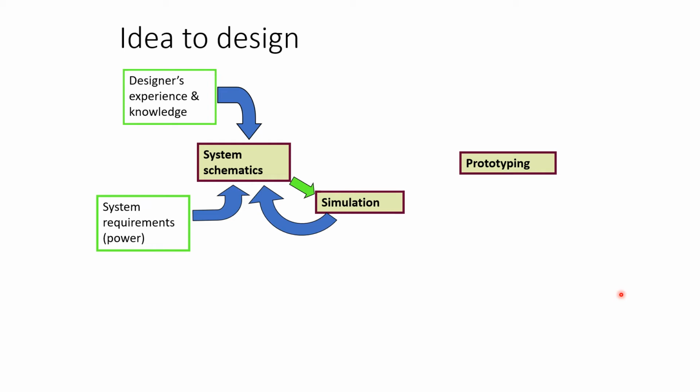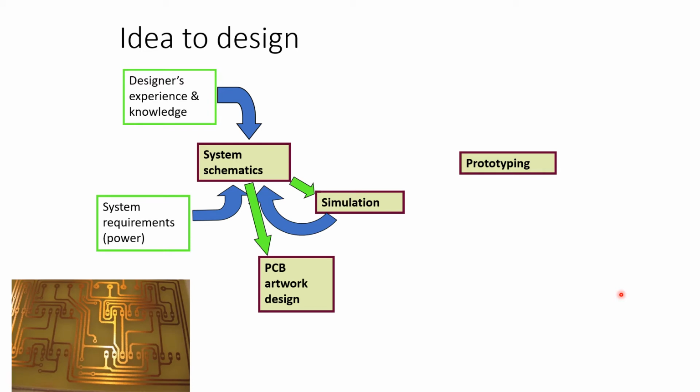So once you have the output, the next thing is that you need to have a PCB artwork design. Usually, when you have simulation output, what we do is a kind of prototype and see whether it is working. Because although you get output from simulation, there will be practical issues when you do the prototyping.